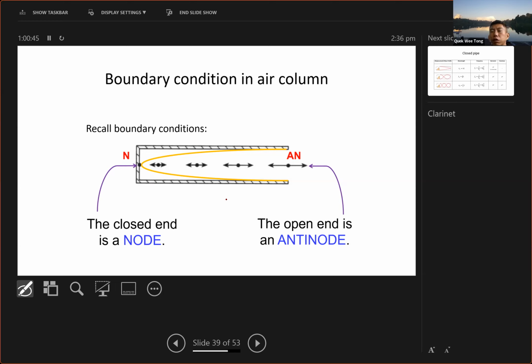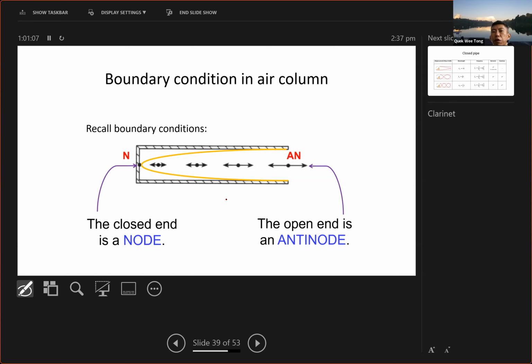So we have actually two conditions here. At the position where you have a wall, there will be a hard surface. Hard surface reflection will always be such that there'll be a phase change of 180 degrees. So resultant displacement always will be 0. Nothing will happen there.